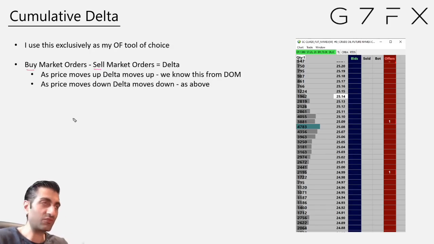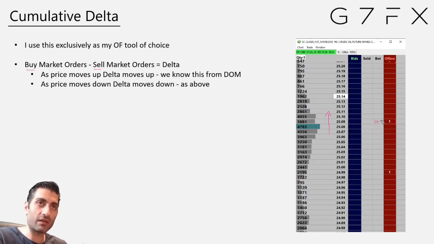If you think of what is happening on a depth of market or even on a footprint, let's look at it in one direction. Let's say the market's going up, this is crude oil, but it could be anything. You've watched the depth of market now probably 100 times. Would you agree? What makes the market go up? Market orders eating into pending orders, right? So let's make up some numbers.